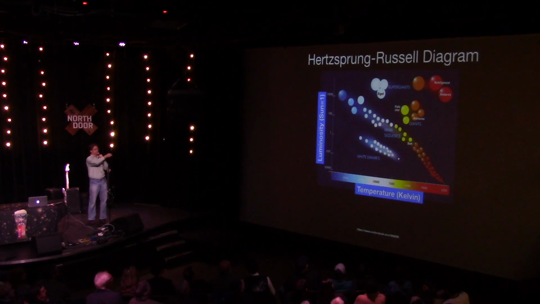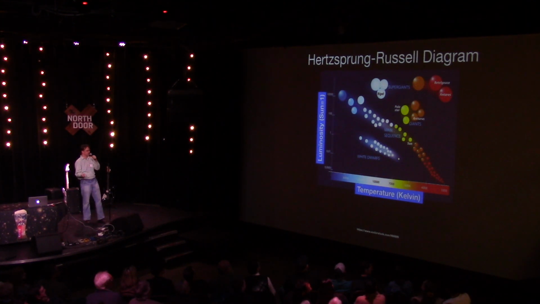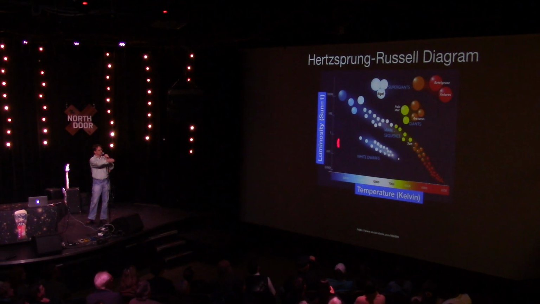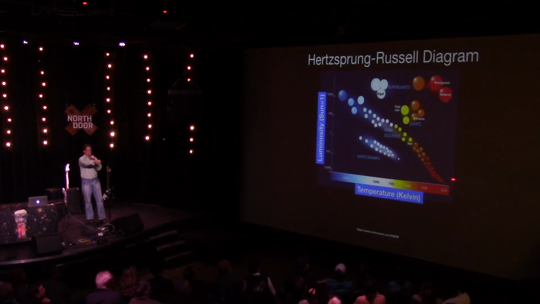Other stars you may have heard of, Rigel and Betelgeuse are both in Orion. There is Polaris, the North Star. And if you do this for lots of stars, patterns emerge. One pattern that shows up right away is that the blue stars are all over here on the left, where there are high temperatures. The reddish stars are over here on the right with low temperatures.